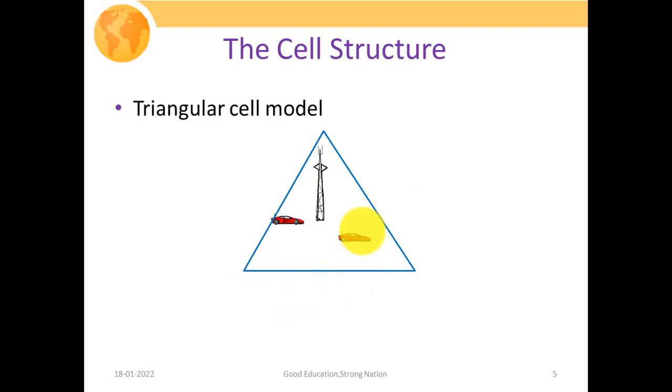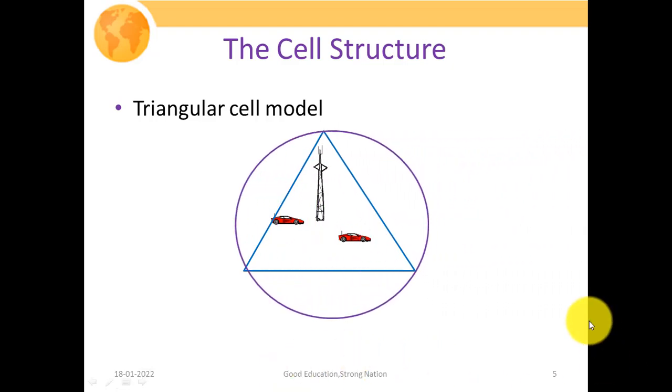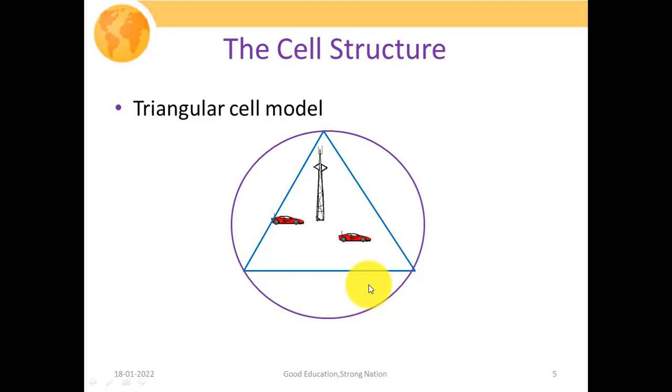If we standardize the cell shape as a triangle, then the problem we face is that in comparison to the circular cell shape, this triangular cell structure will have a lower coverage area. What we basically demand is to install a lower number of base stations and have the maximum amount of coverage.